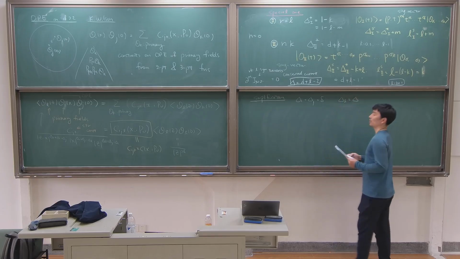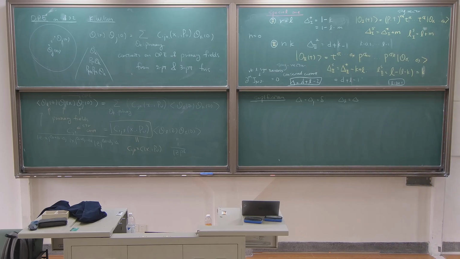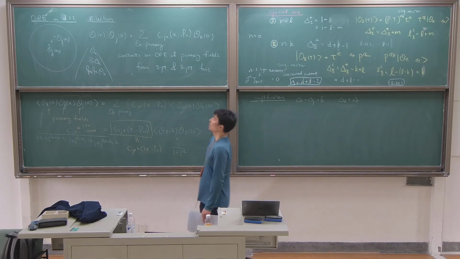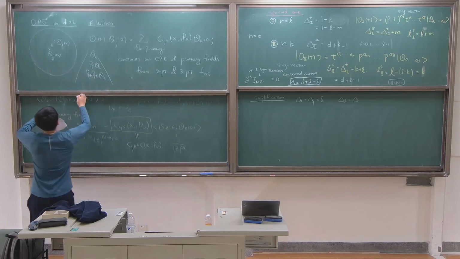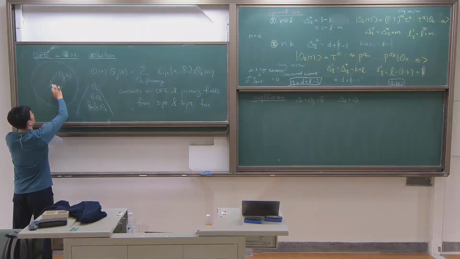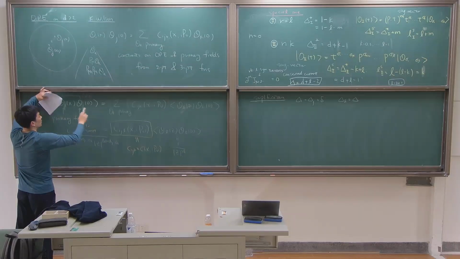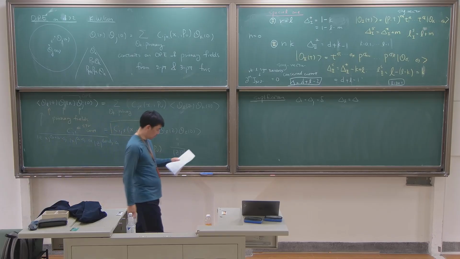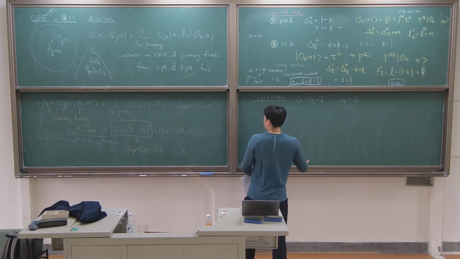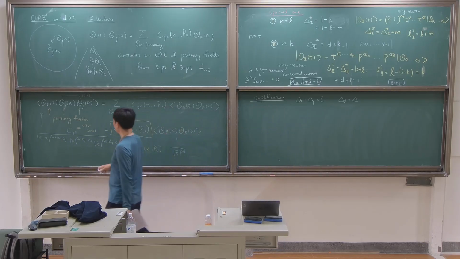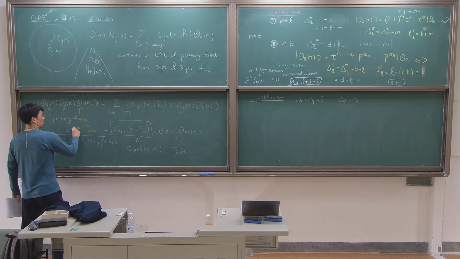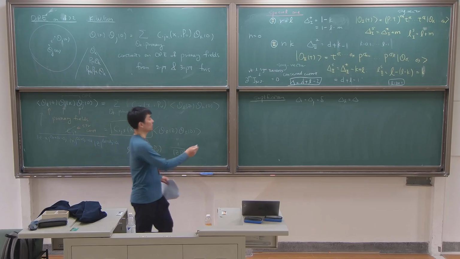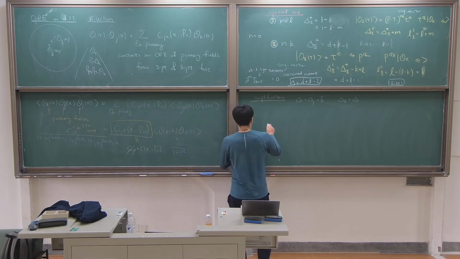Let's consider the conformal dimensions of these primary fields. Take two of the primary fields to have the same conformal dimension, small delta, and this one has capital delta. That's the simplest example. Then if you compare between these two, the structure constants cancel.